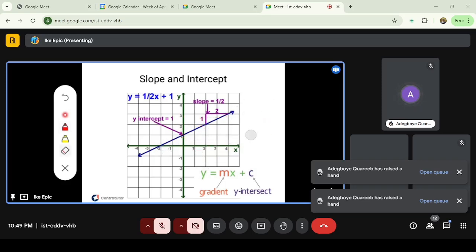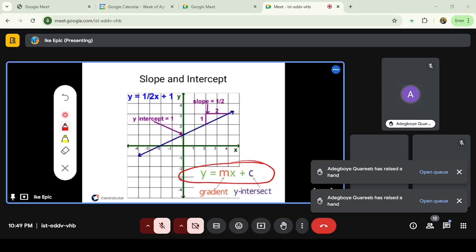There's also a mathematical expression called the equation of a line, which is given as y equals mx plus c, where m represents the slope and c represents the intercept. Sometimes after you've gotten the slope of a graph and the intercept, they'll tell you, okay, find the equation of the line.